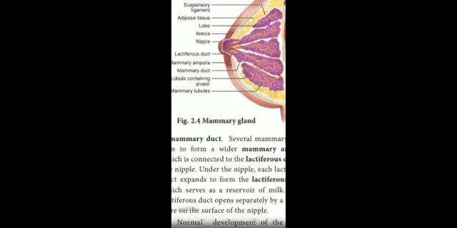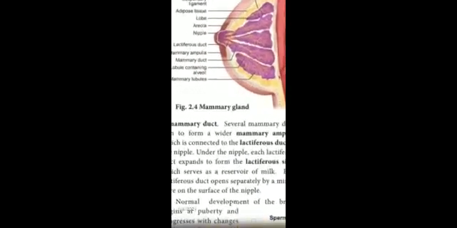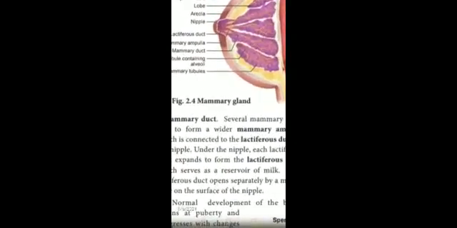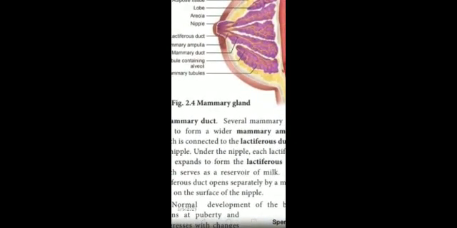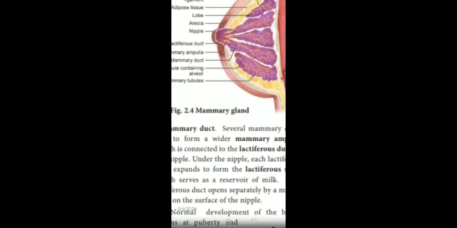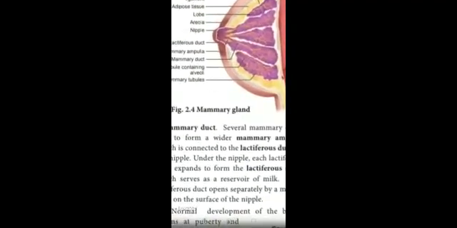Under the nipple, the lactiferous ducts expand to form the lactiferous sinus, which serves as a reservoir of milk. Each lactiferous duct opens separately by minute pores on the surface of the nipple. So this is the structure of mammary glands.